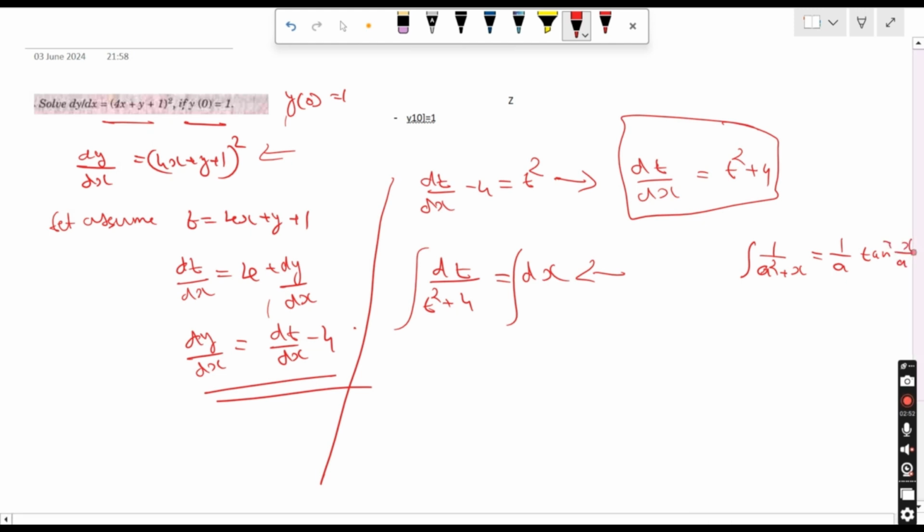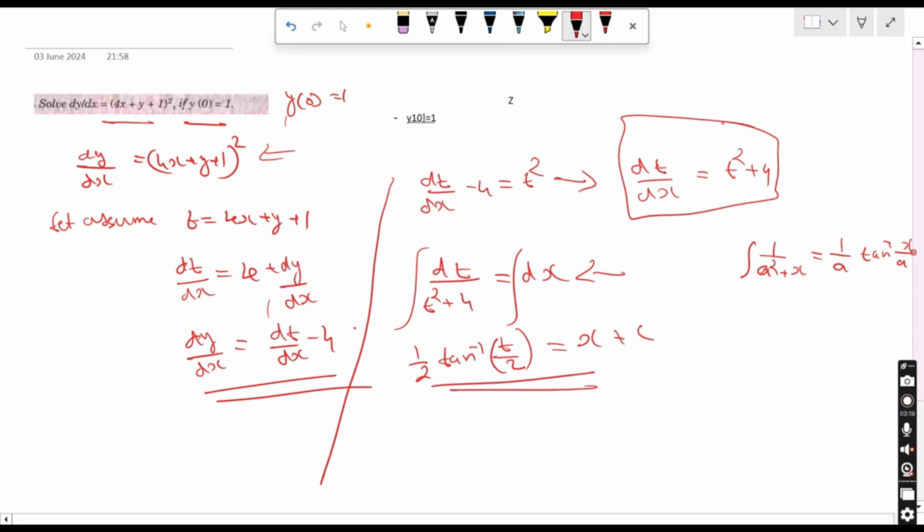So integral of dt by (t square plus 4) will be 1 by 2 tan inverse t by 2, equal to integral dx, which means x plus c. We have a constant c.